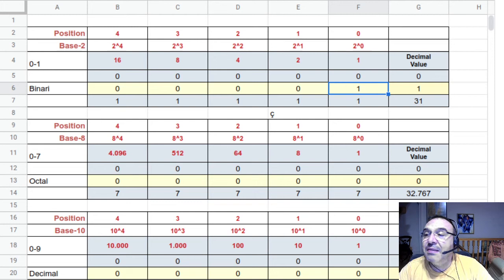So to represent the number 2, you have to use another position. Put a 0 in the units and put a 1 in the second position. That means it has a value of 2. So 10 in base 2 has the decimal value of 2.